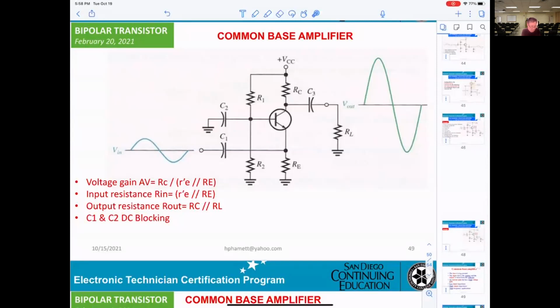C1, C2 are DC blocking, and they can show you input and output will be in phase, both going up, both going down. The only difference is the voltage gain for the common base will be higher.